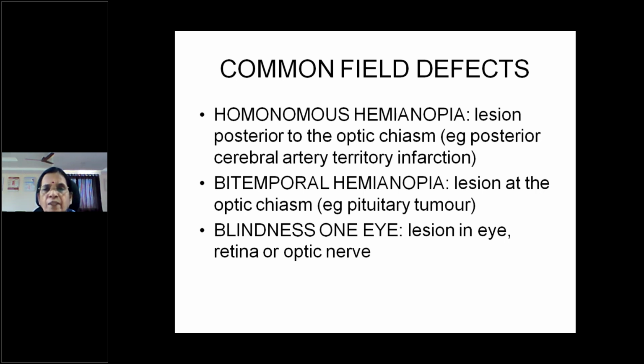If a pituitary tumor is there, they are not able to see both temporal fields. So you find which type of hemianopia the patient has. Quadrantanopia is clinically difficult to make out. These are all the means by which you can make out whether any visual defects are there or not.